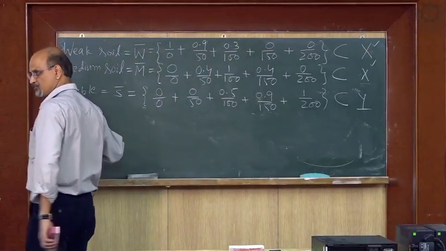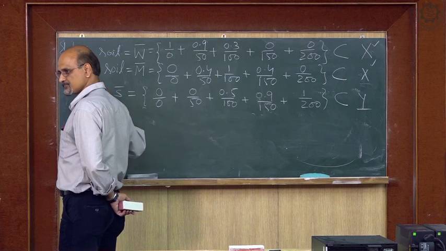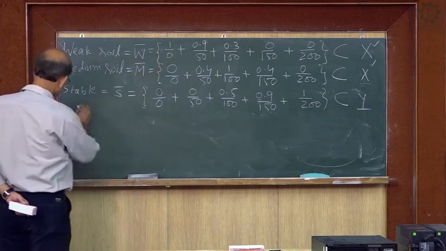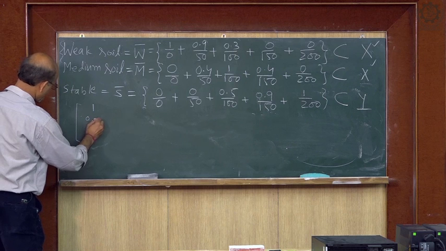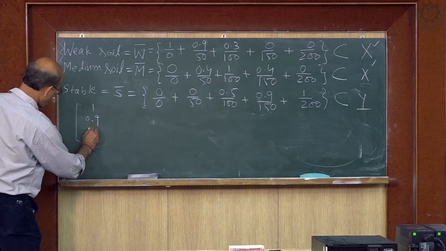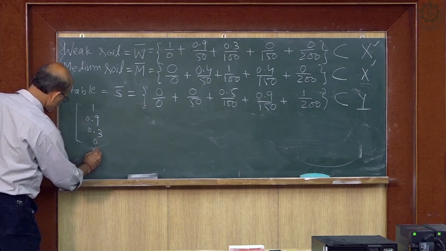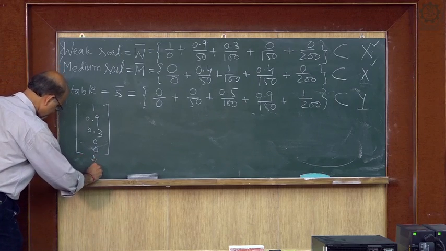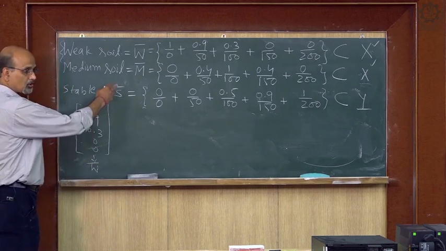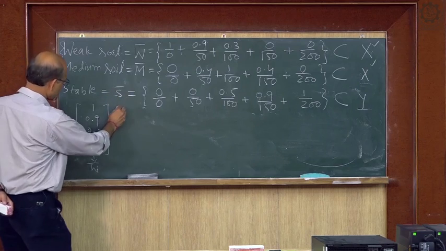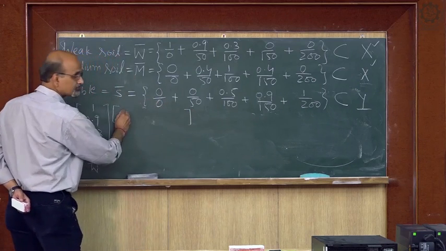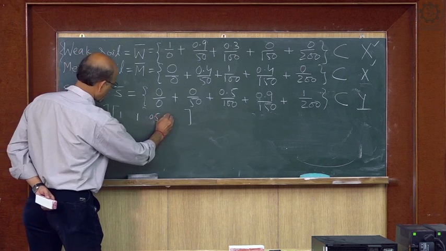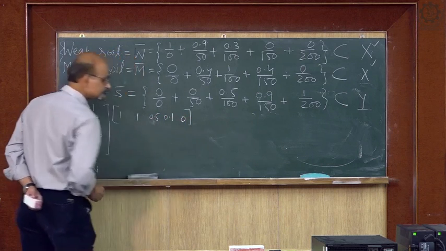So, I have to find W bar cross S bar complement. W bar is your 1, 0.9, 0.3, 0, 0. Is it okay? This is your W bar, and this cross your S bar complement, which is 0, 1, 0.5, 0.1, 0.